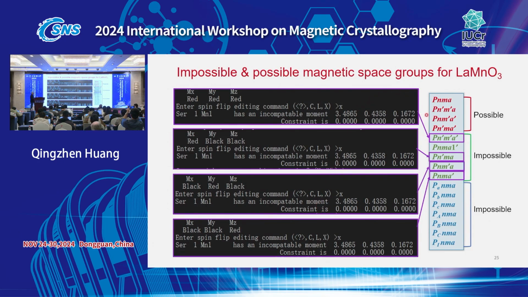So first, we also consider the four possible ones, where only Pn prime and A prime can be used to fit this very well. And all of this is impossible. Why is it impossible?